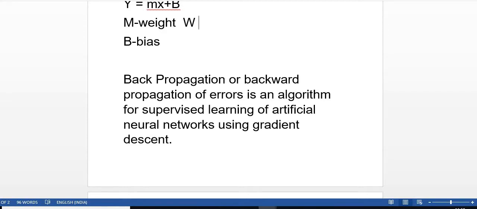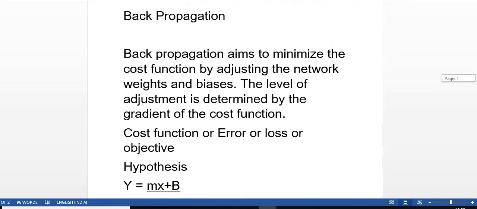In this video we cover what backpropagation is, which we already discussed, and now I am going to talk about the cost function or loss function or error function. Backpropagation is used to minimize the cost function by adjusting the network weights and biases.